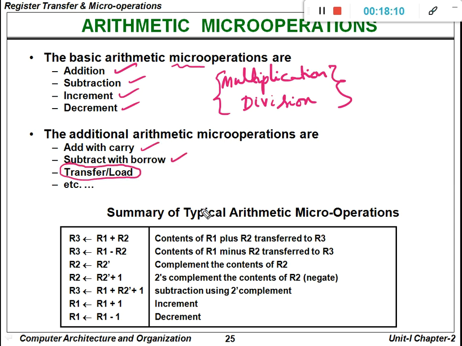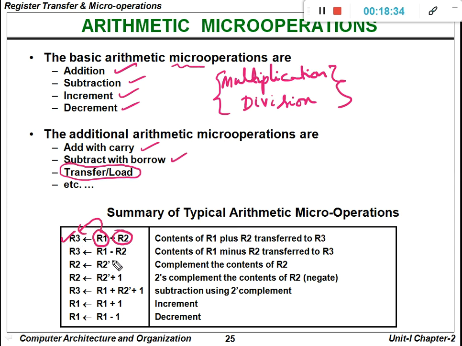Okay. So now let us see what are the typical arithmetic micro operations. The first one is R3 ← R1 + R2. What does it mean? The content of R1 and the content of R2 are added and the result is stored in R3. Next, R3 ← R1 − R2.